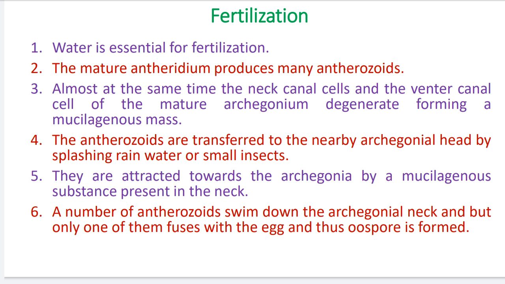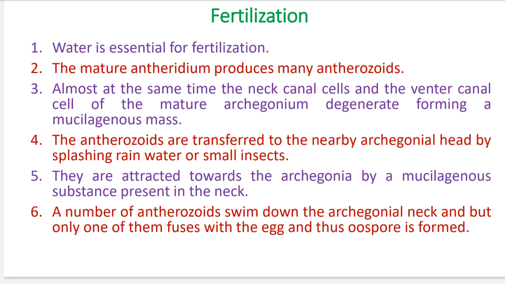Okay. Number three, almost at the same time, the neck canal cells and the venter canal cells of the mature archegonium degenerate, forming a mucilaginous mass. Okay, I have just discussed this point. At the time of or before fertilization, the neck canal cells and venter canal cells disintegrate and a mucilaginous substance is formed.